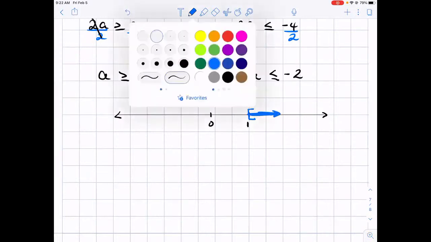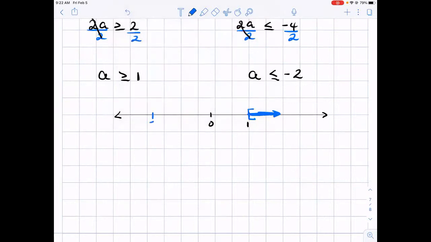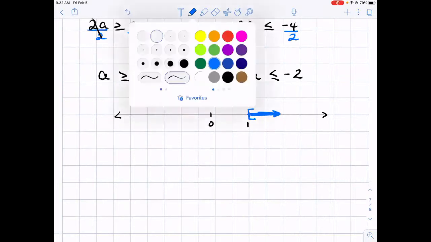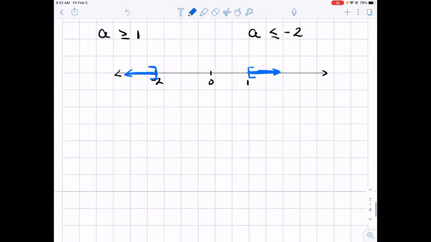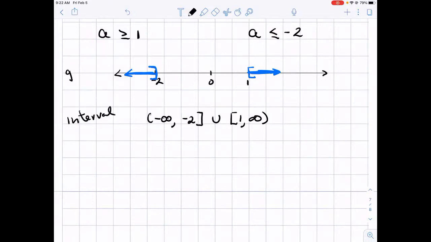And then at negative 2, somewhere over here, it's less than or equal to, so we use a bracket, and that arrow will be going towards my left. So using interval now, we have from minus infinity to negative 2 bracket union from 1 to infinity. So this is my interval notation. Here is my graphical.